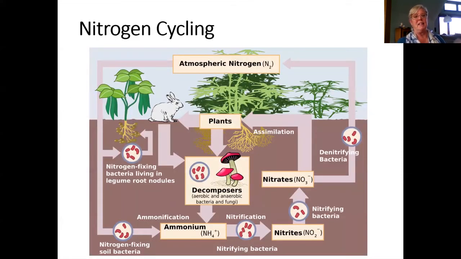So the nitrogen cycling, you're wondering, how can I get away from using my fertilizers? Especially for the normal garden, as opposed to the vegetable garden. We can talk about that a little more later or in the question and answers.